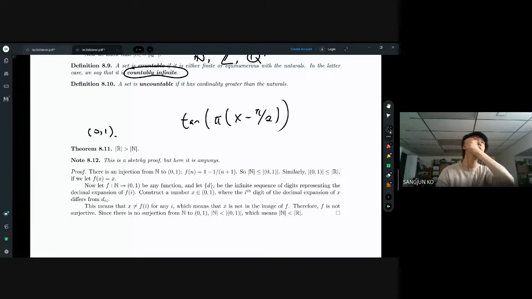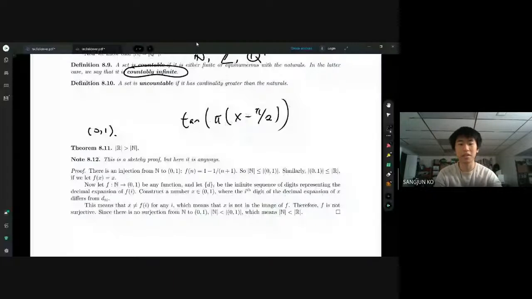I'm not entirely sure, but I'm pretty sure this works. But yes, you can manipulate tangent of x, or some general rational function with vertical asymptotes, like 1 over x minus 0.5. I don't think that works actually.